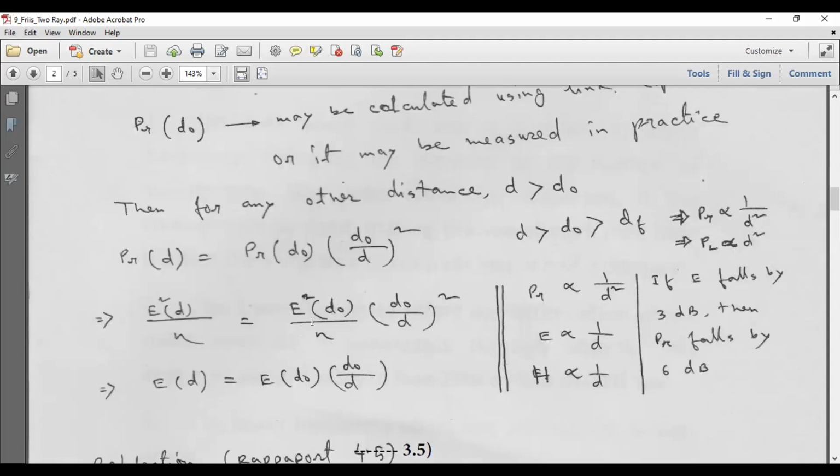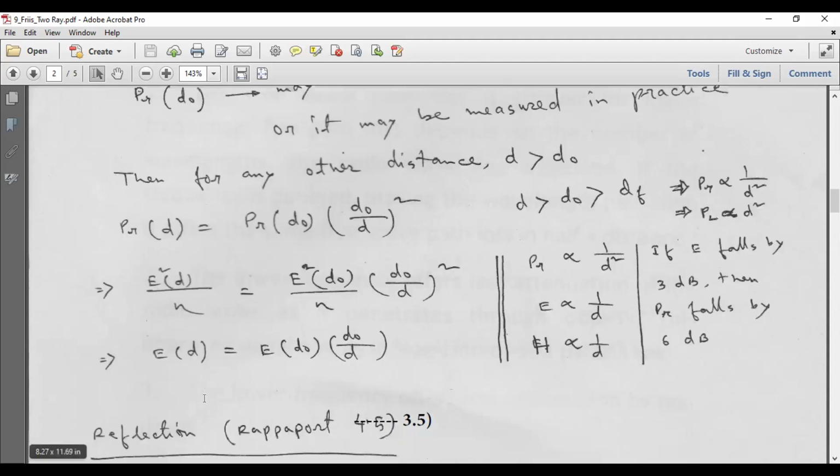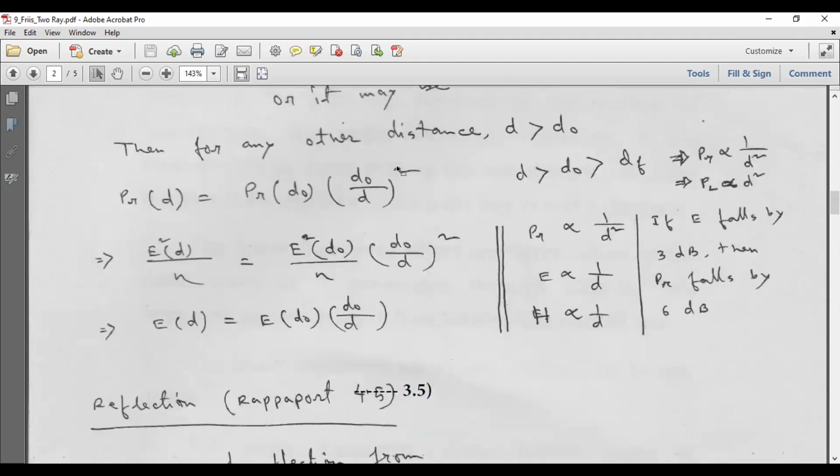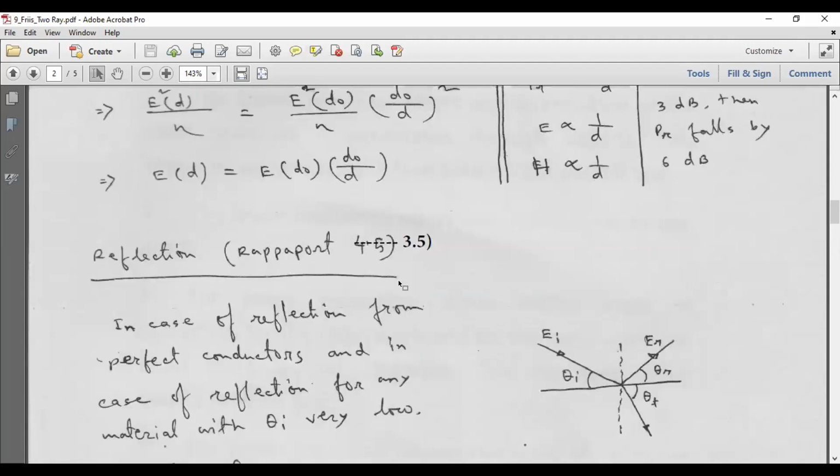You calculate E at D naught, and then for any other distance, if you want to calculate E, you have to use this relationship. Then you see that the final equation doesn't have the square if you use E. So E falls by 3 dB when PR falls by 6 dB. Like when the power drops by 6 dB, your voltage drops by 3 dB.